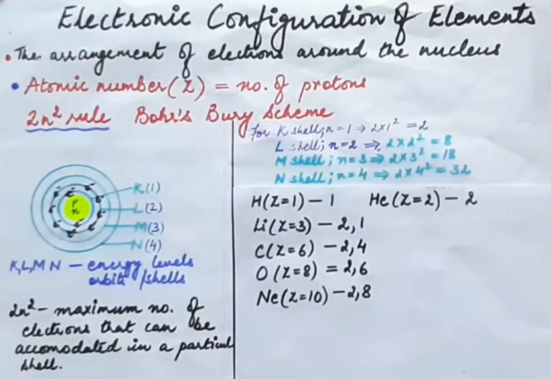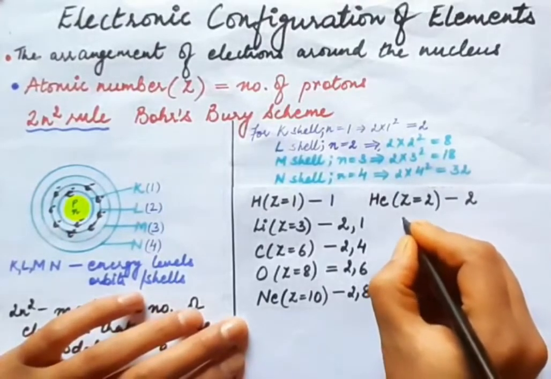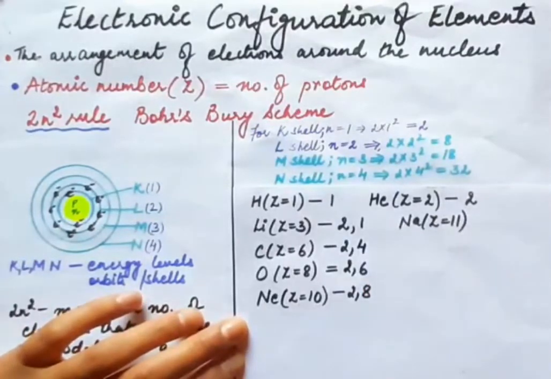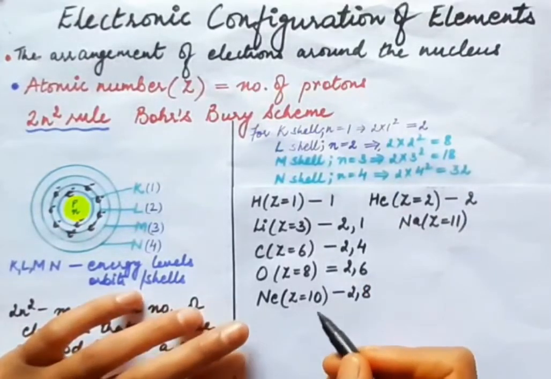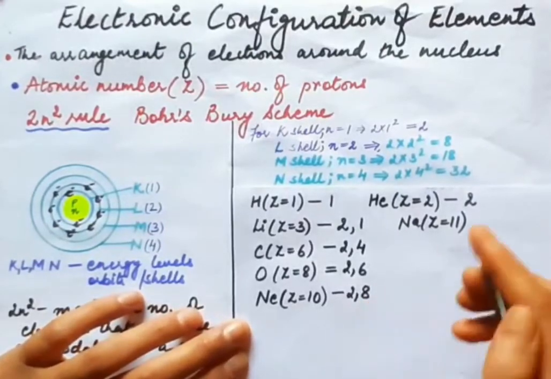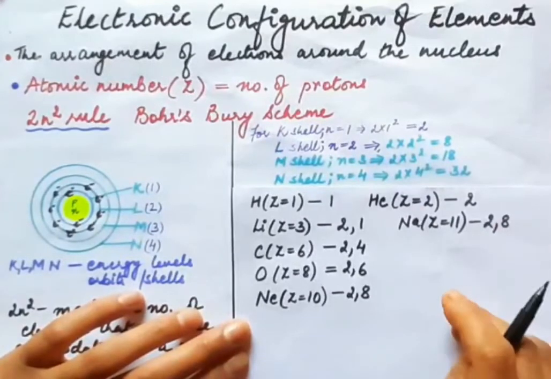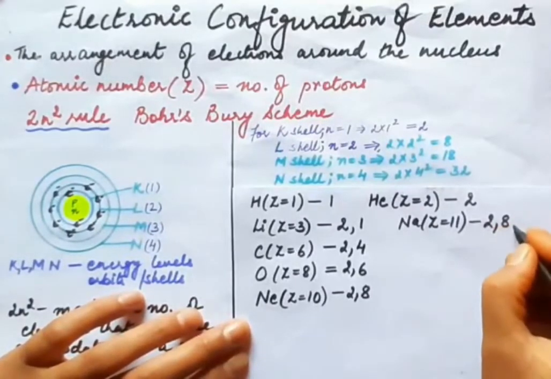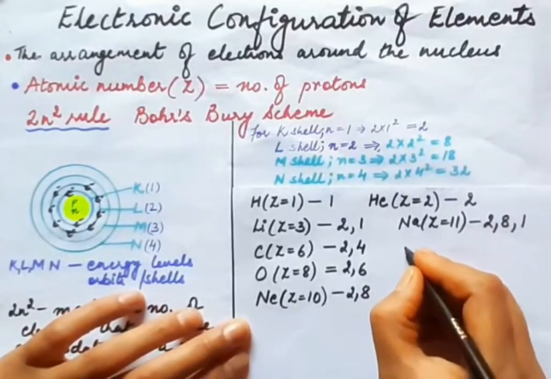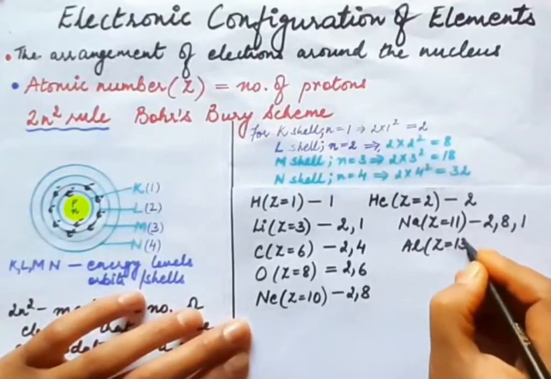Now from neon, when we move on to sodium, sodium has atomic number 11. Now if you see, we are moving from neon to sodium. So the first 2 shells will be filled the way they are in neon, that is 2, 8 makes it 10. 1 is left, that comes to the third shell. Now from sodium we move on to aluminium. Atomic number changes to 13.